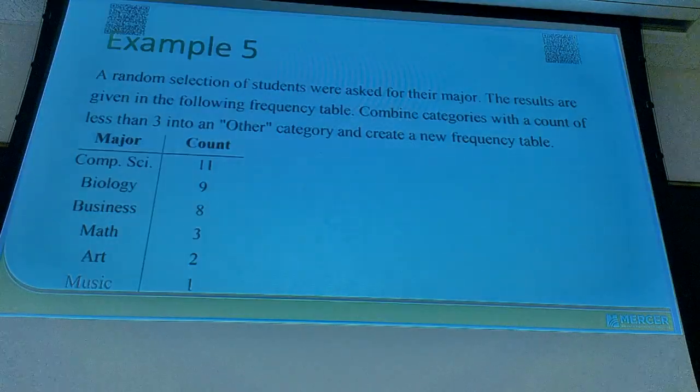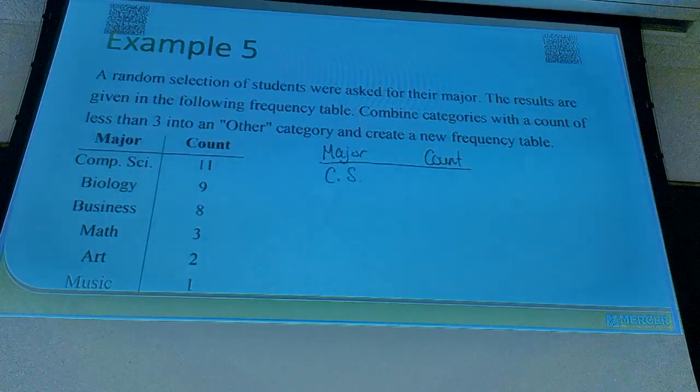Next, we're going to do major. Stick with the count. Comp sci, CS, bio, business, BS.